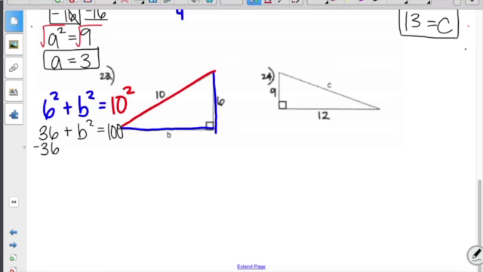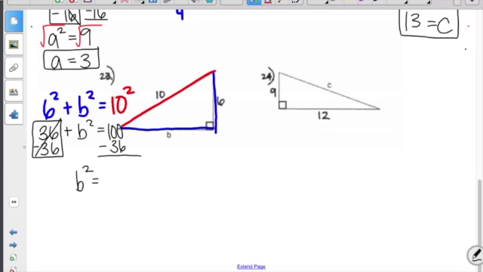36 minus 36 is 0. So we've canceled that out. So we have to subtract 36 from 100. So we end up with b squared equals 36 subtracted from 100 gives you 44. Oops, that's not right. 64.